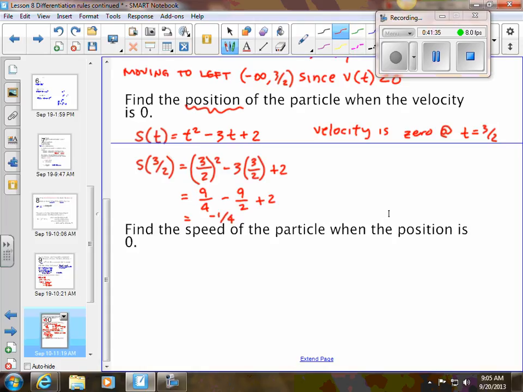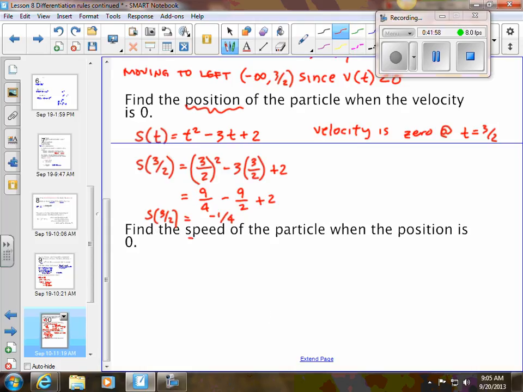So on the x-axis, it's a little left of the origin. S of 3/2 is negative 1/4. We weren't given any units, so we can't give units with the answer.